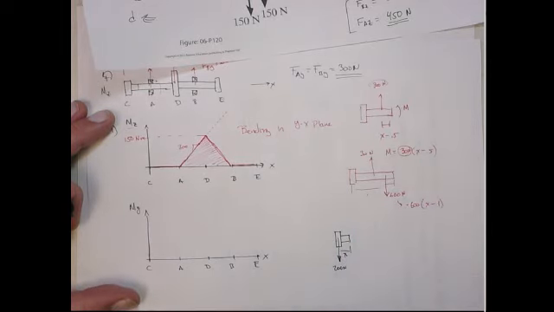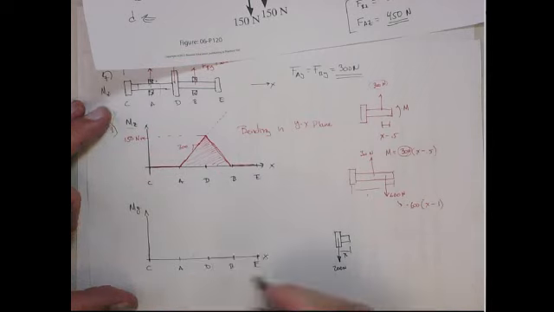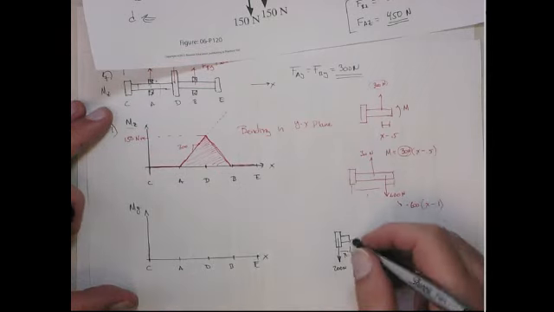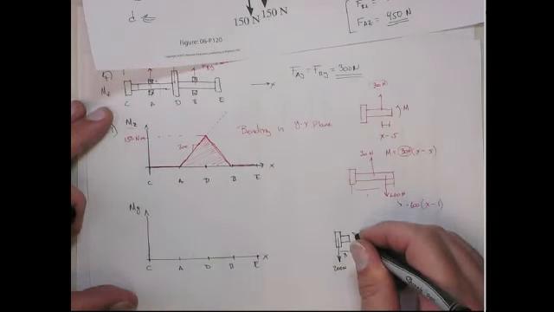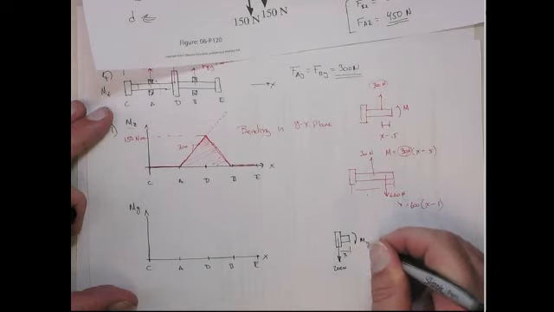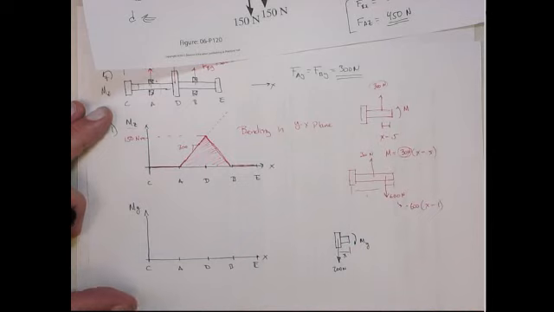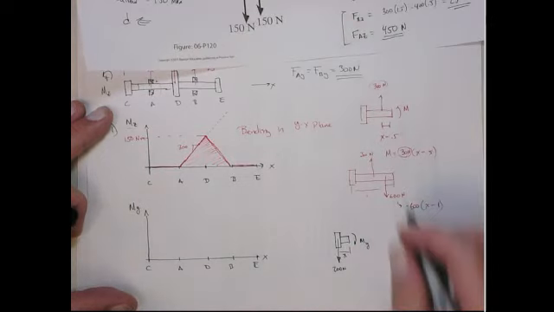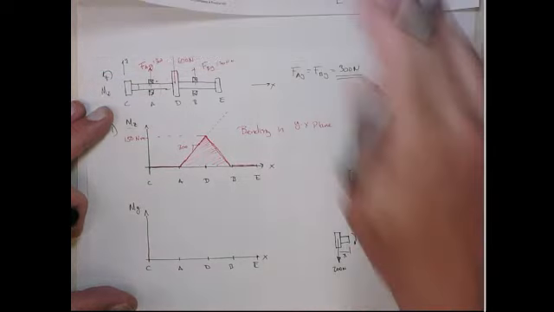Well, in this diagram, the positive moment actually is clockwise. So on this face, a positive moment will actually be this way. That's the My moment, positive for the same reasons we talked about before. Okay?